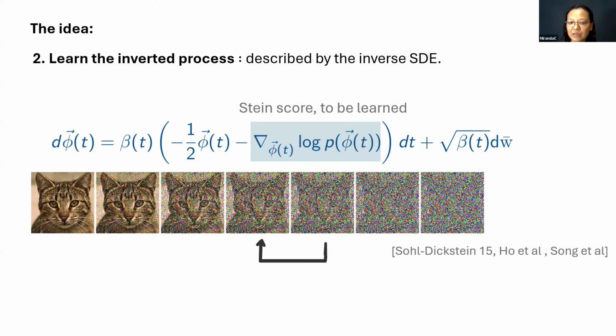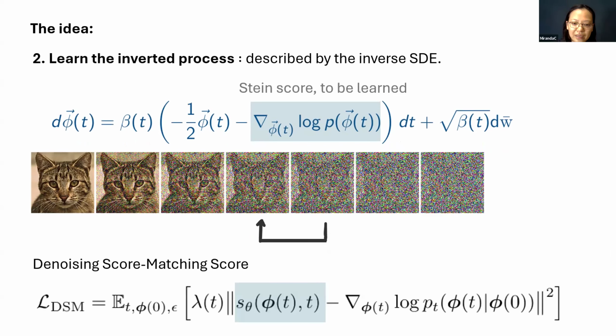We don't know this since we don't know the data distribution we started with, so this is something that has to be machine learned. This can be done with a denoising score matching loss.